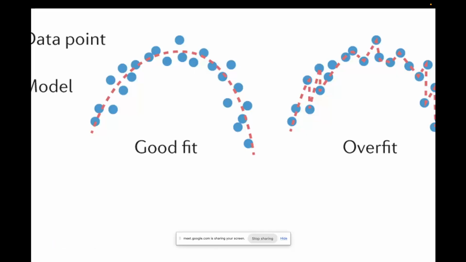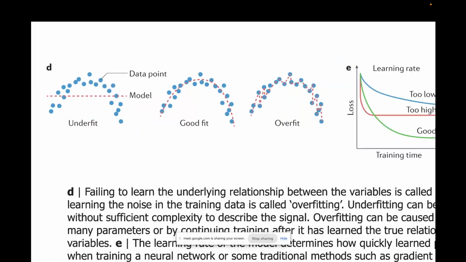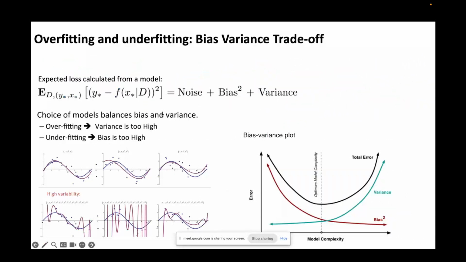So through every iteration, you're going to try to minimize this cost function, which is generally a difference in squares, right? It is called mean squared error, MSE. This error can be quantified in terms of noise, the bias of the model, and the variance of the model. Mathematically, if you are overfitting the model, your variance is going to be too high, right?